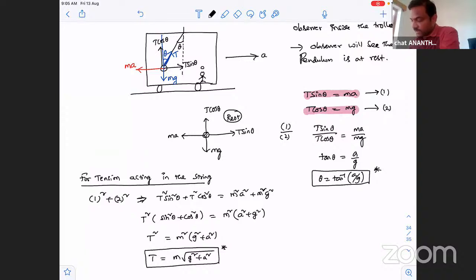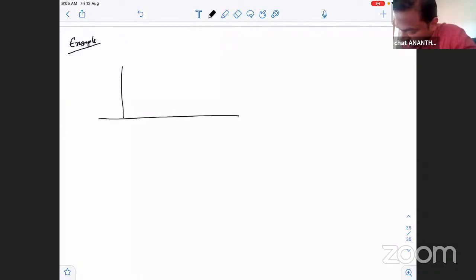Okay, so let us go with the next case. Next example. Suppose on the inclined plane, already we discussed, the inclined plane is fixed, meaning the inclined plane does not move.